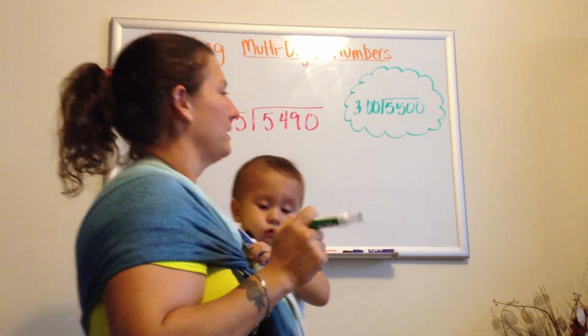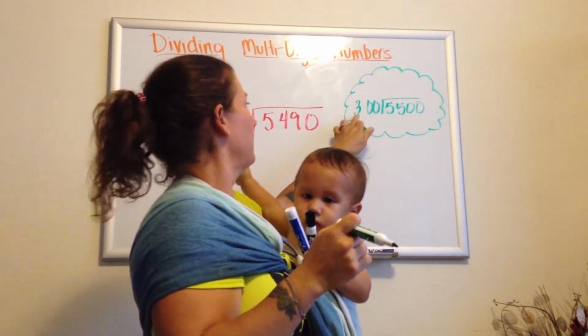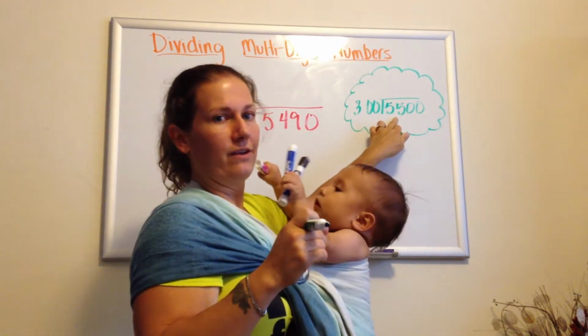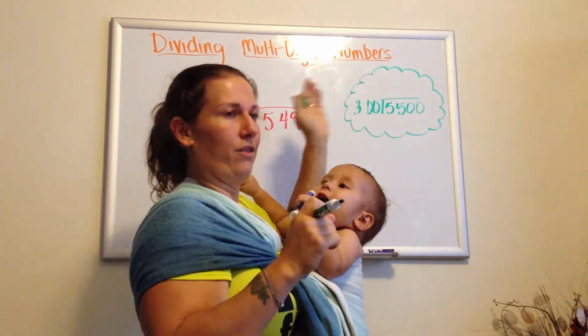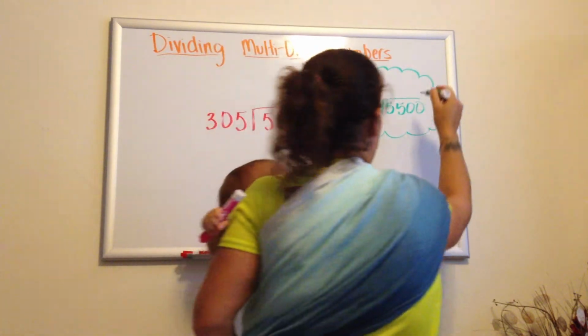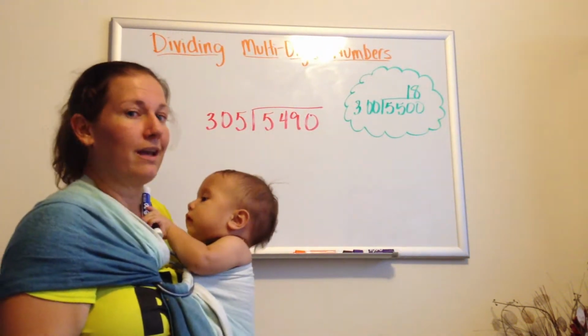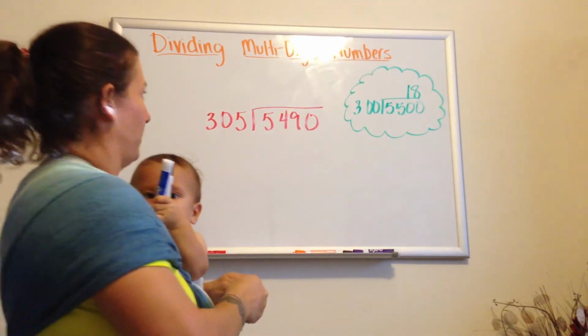So actually what I'm going to think of is 3 into 55, and I know that 3 times 18 is 54, so I'm going to use 18 as my estimation, because it's close and it goes in nice and evenly.